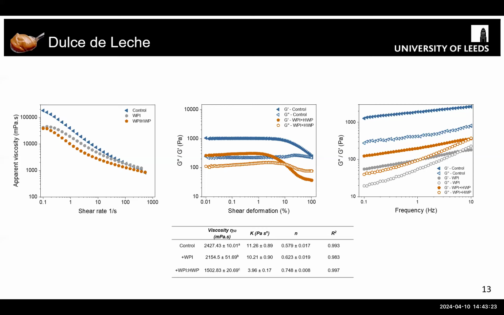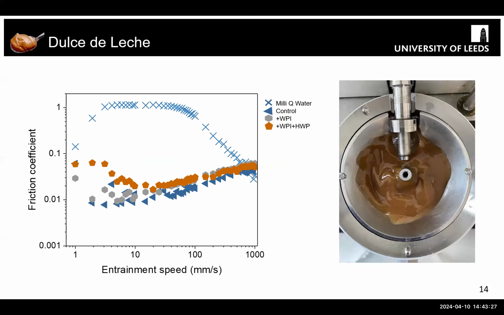Looking at the lubrication properties from the friction measurements of these 3 samples, the control sample and the one enriched with whey protein isolate display a hydrodynamic lubrication regime across almost the entire speed range we used. Whereas the one enriched with whey protein isolate and hydrolyzed whey protein presents a little bit of a boundary and a short mixed regime, and mostly a hydrodynamic regime as well.